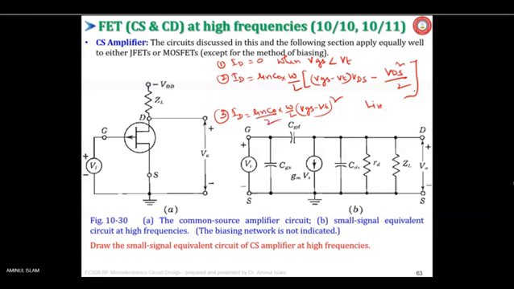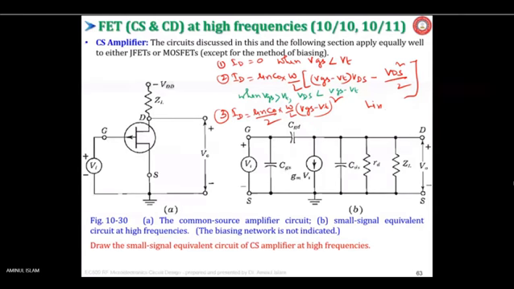Remember, for this there is also another condition. The linear region condition is when VGS is greater than VT and VDS is less than VGS minus VT.